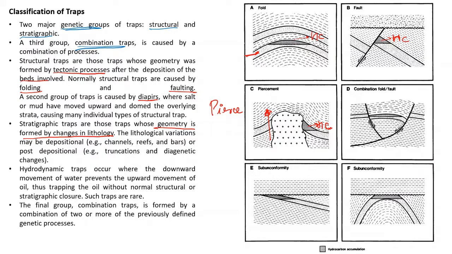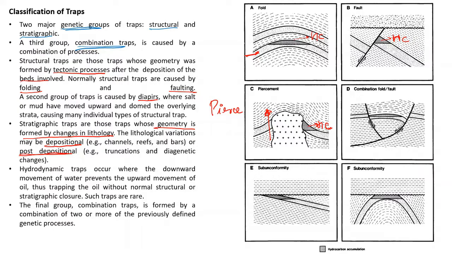By the definition, an unconformity is an erosional or non-depositional surface where the change in the lithology may be perceived in the field very easily. So stratigraphic traps are those where the geometry is formed by changes in lithology. They may be syndepositional, while deposition is going on, or post-depositional. Both are quite possible in stratigraphic traps.